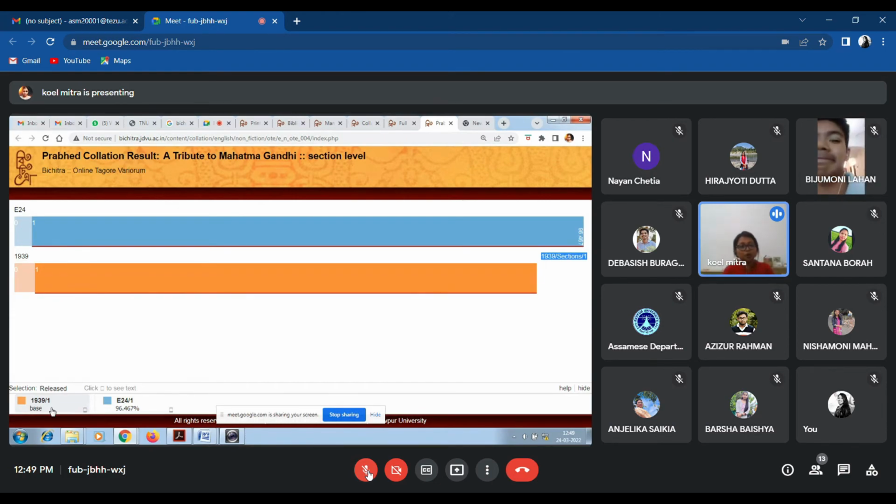That would mean that the whole content is same in both the texts. But in the earlier text, which is your E24, the introduction area was segregated as lesser in content. The whole content is same, but say the first 2 pages were read as introduction. In the later edition, the first 3 pages of the same content have been read as introduction. Can you understand what I'm saying?